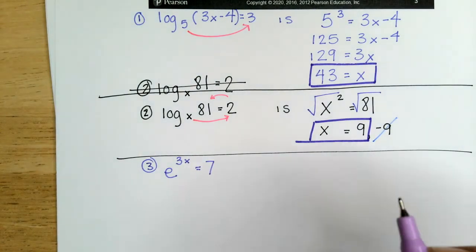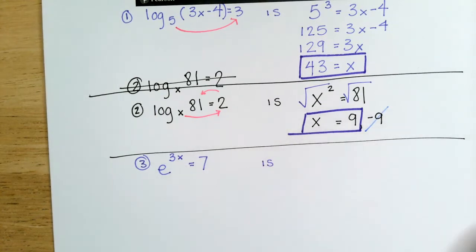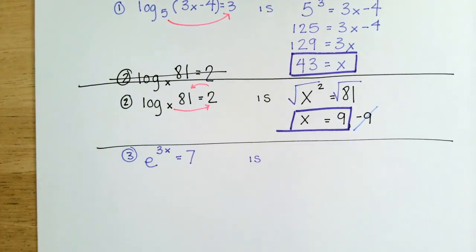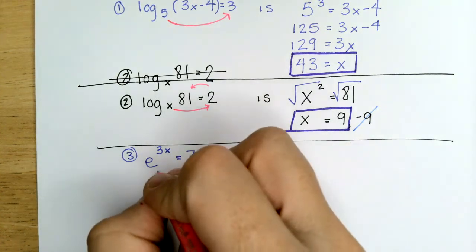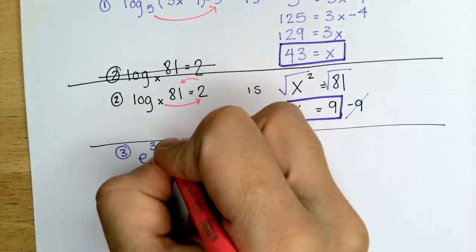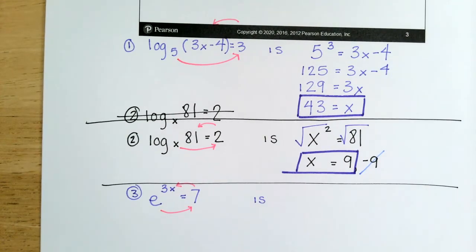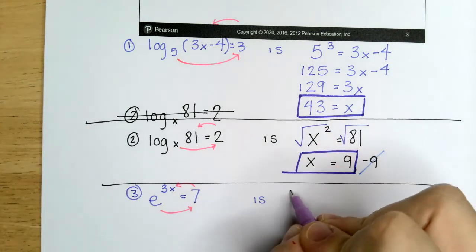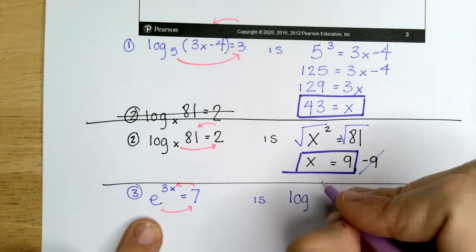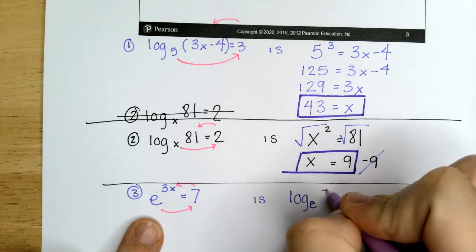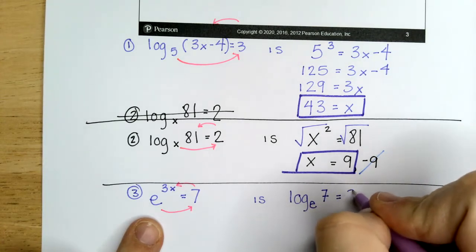So we use log. We'll go in a circle. Log base e of 7 equals 3x.